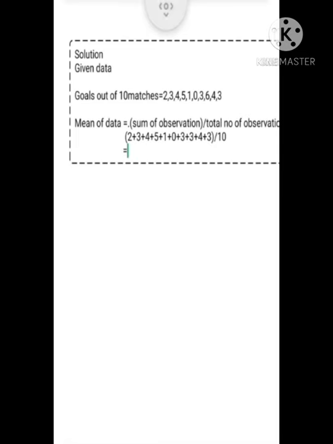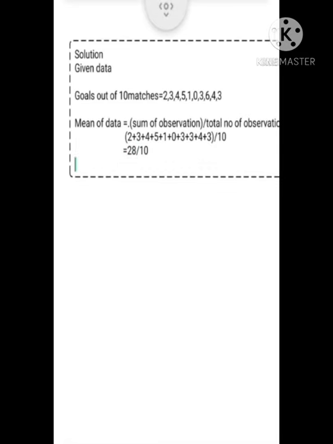So when we add, we get 28 divided by 10. What is the value we finally get? We get 2.8 goals. The final answer is 2.8 goals.